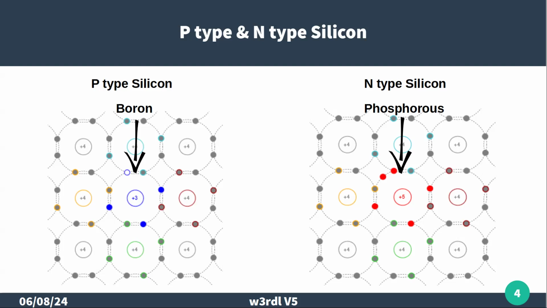It makes it positively charged because it's missing basically an electron to fill the shell. If we add something like phosphorus, or antimony or arsenic or other similar ones, they have more electrons in the valence shell. So we wind up with a negative charge.